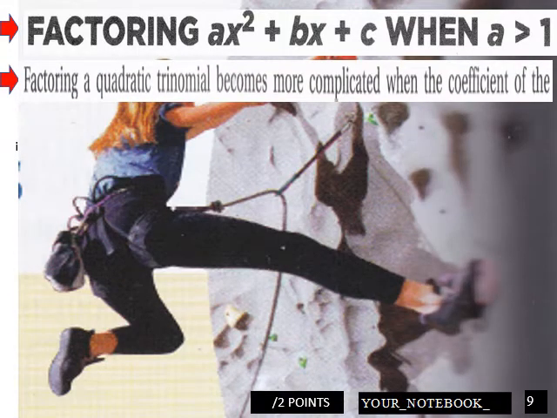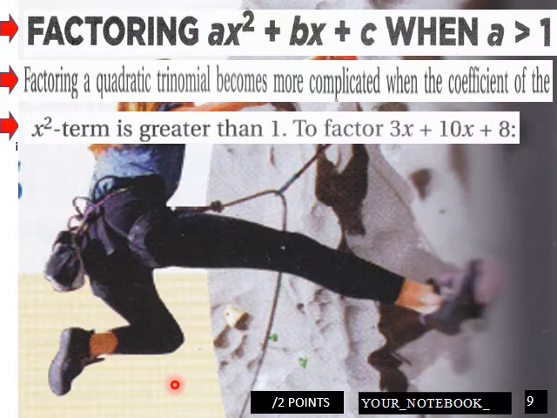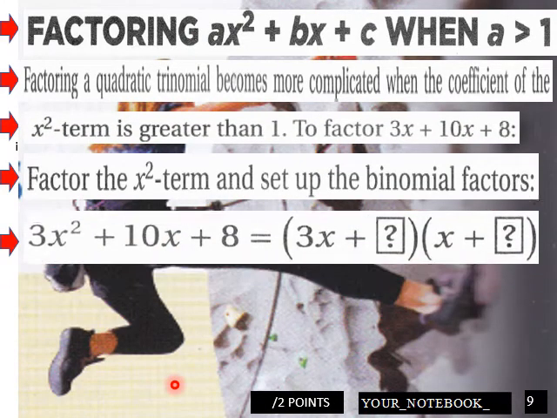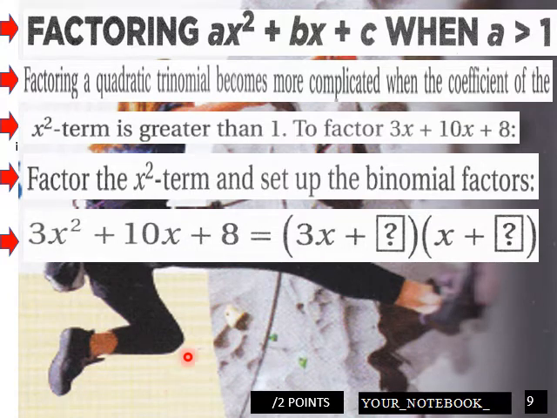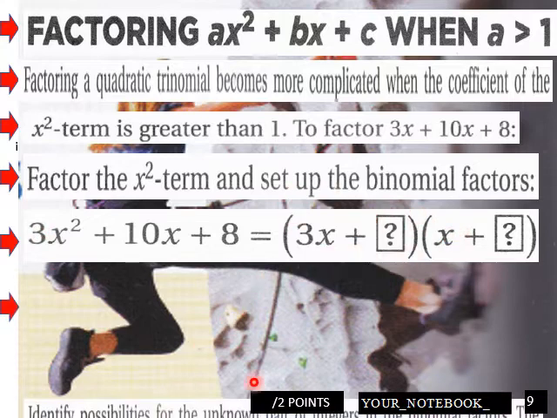Factoring ax squared plus bx plus c when a is greater than 1. When a is greater than 1, it gets a little bit more complicated for sure. So this is a first step when you're factoring something like this. This first a has got to be a 3 and a 1, or a 1 and a 3.